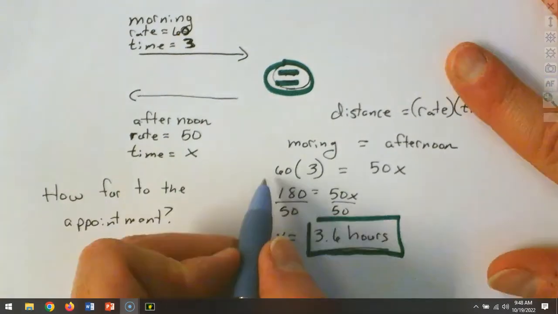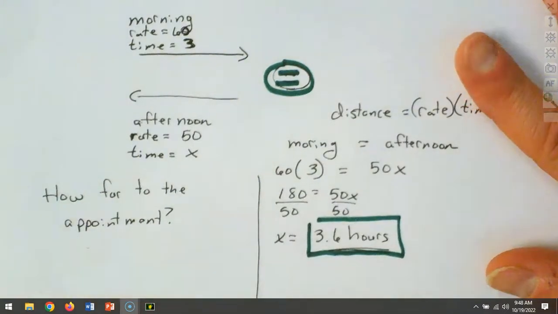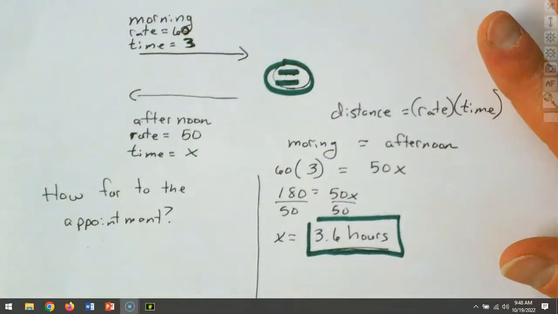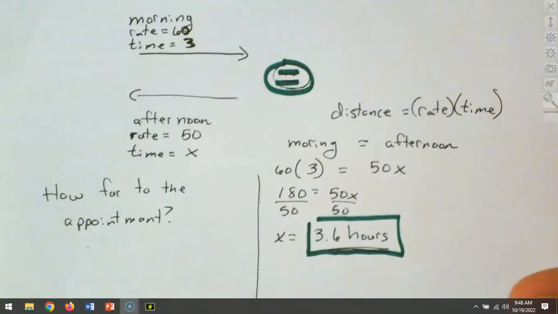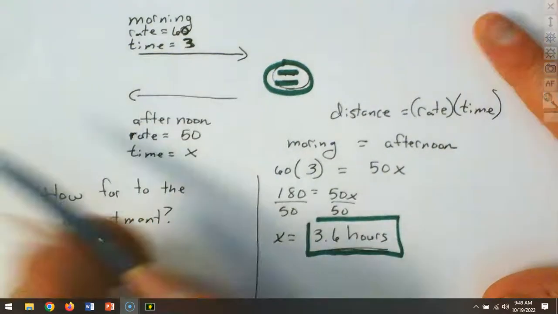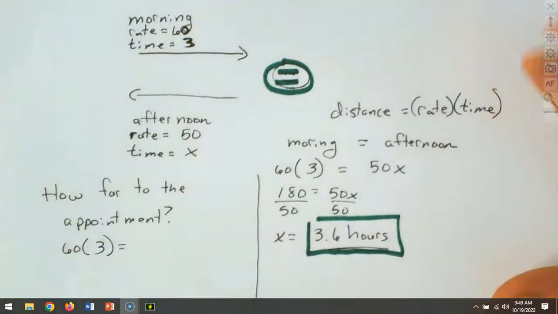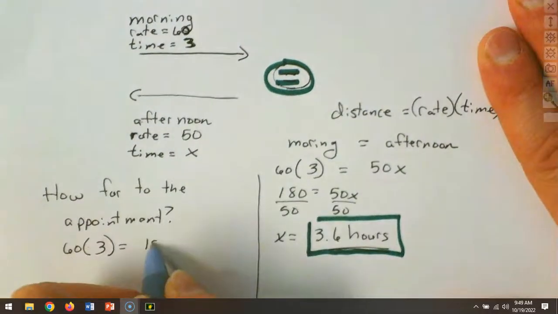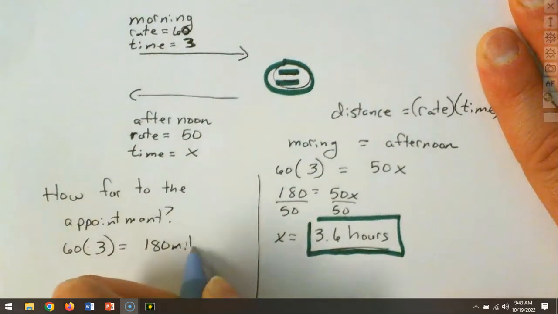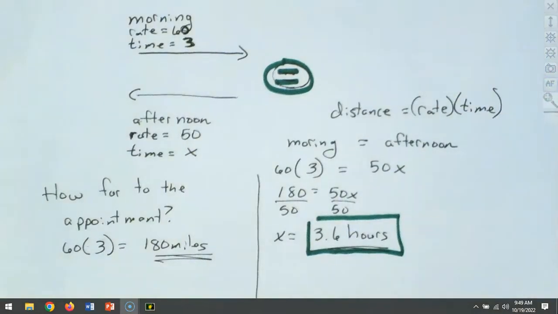Think about what we've got. We've got a rate and we've got a time, don't we? Some questions ask you this. So how many miles is it to this appointment? And how did we come up with that? We took the 60 times the 3, and 60 times 3 comes out to be 180 miles. So it's 180 miles to that appointment.